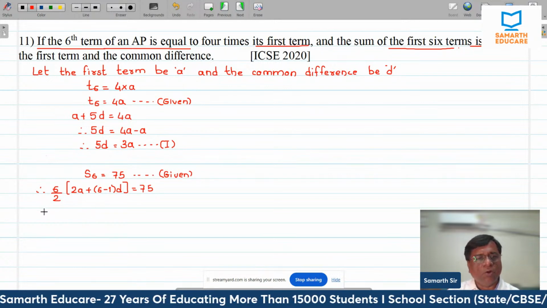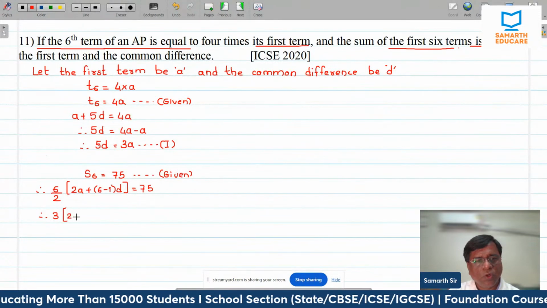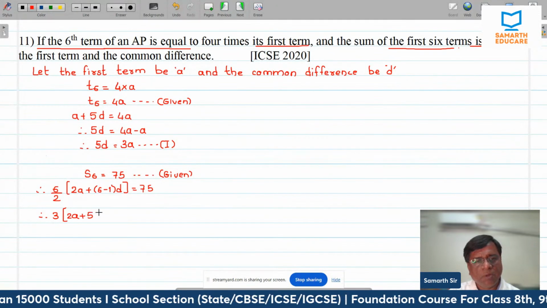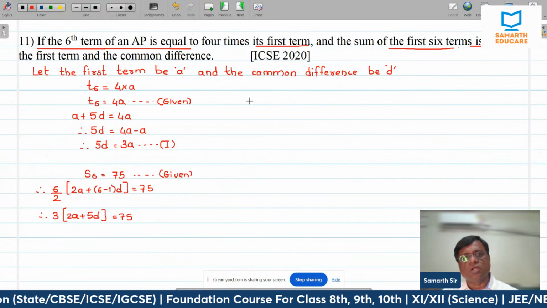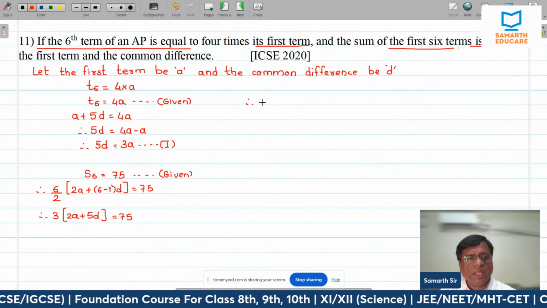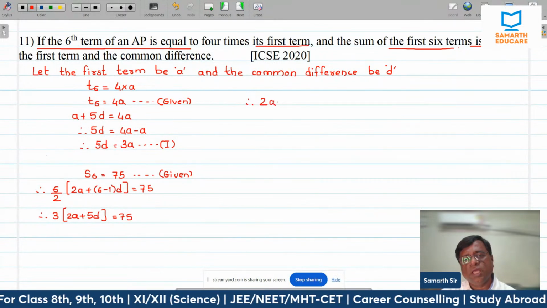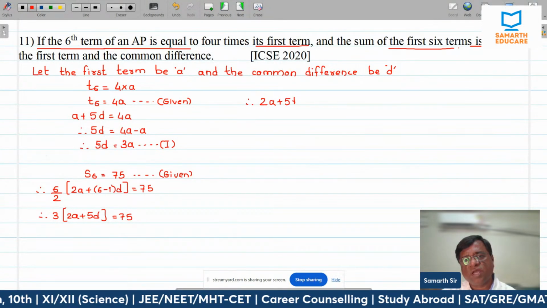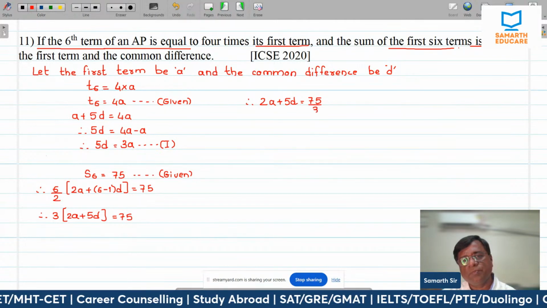Now this is 3. 2a plus 5d is 75. Let me solve it over here now. If I cross multiply, 2a plus 5d is 75 upon 3.